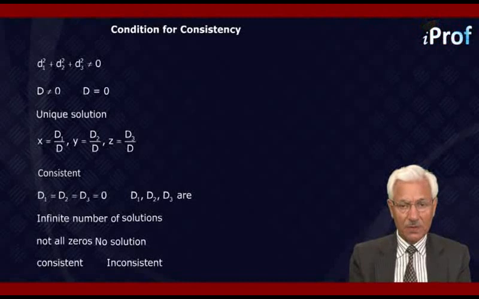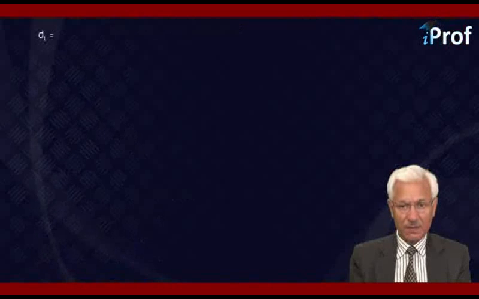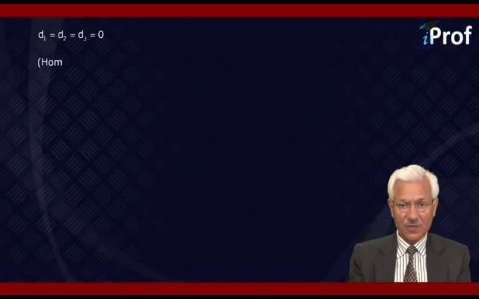Now the second case is when all the D's on the right side, D1 is 0, D2 is 0, D3 is 0. In this case, the equations are said to be homogeneous. We call them homogeneous equations. Two cases arise when D is not 0 and when D is equal to 0.